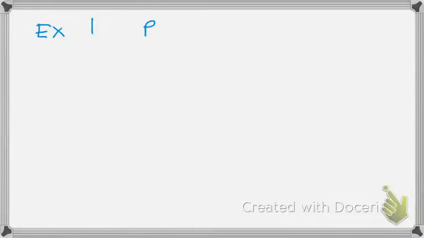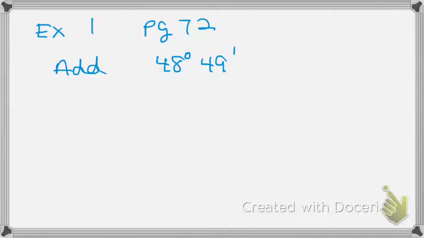It's on page 72 in your book. And it says to add 48 degrees, 49 minutes, and it wants to add it to 72 degrees and 26 minutes. It wants us to add those two things.